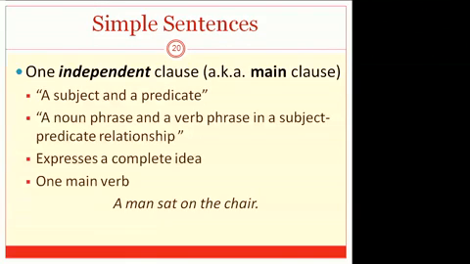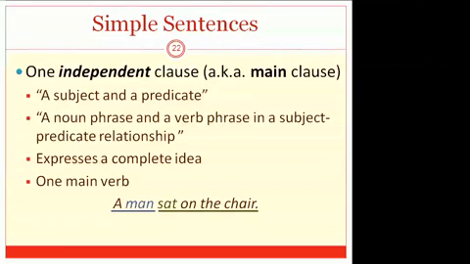For instance, in our example, a man sat on the chair, we have one independent clause. That independent clause is formed by a subject, in this case, man, and a predicate, sat on the chair. A man is a noun phrase.